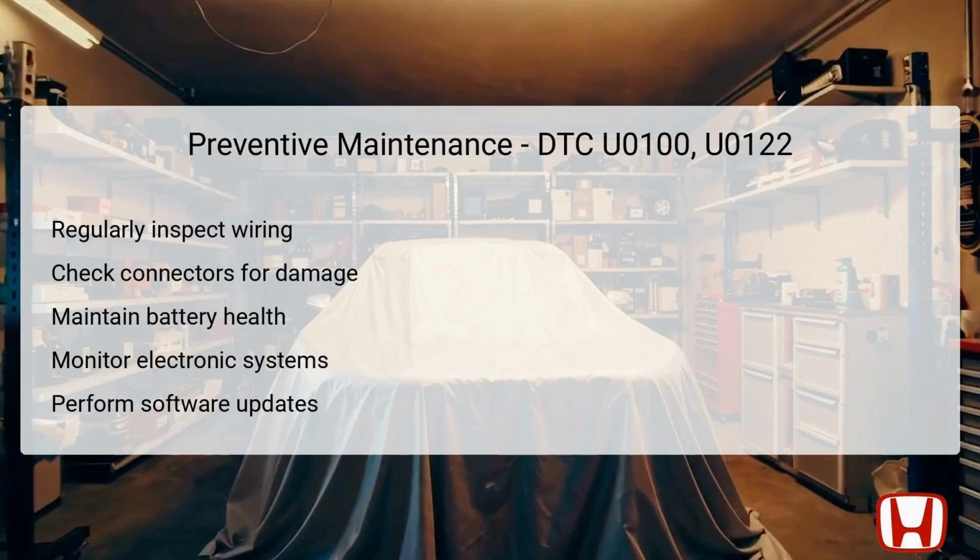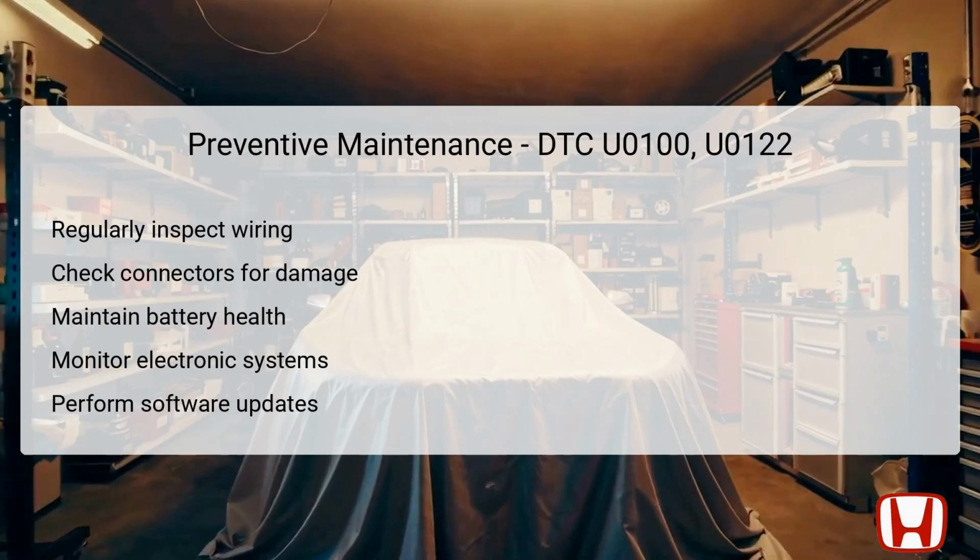To prevent future occurrences of DTCs U0100 and U0122, regular maintenance and inspections are critical. Begin with routine checks of the wiring harness for any signs of wear, corrosion, or damage that could interrupt communications.